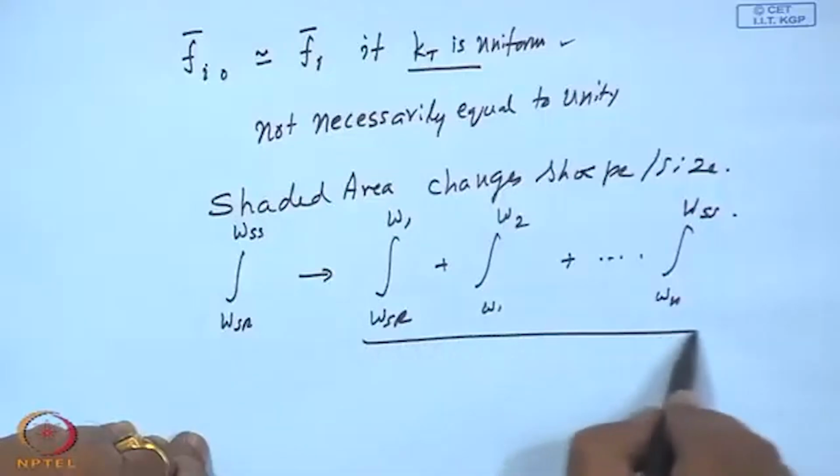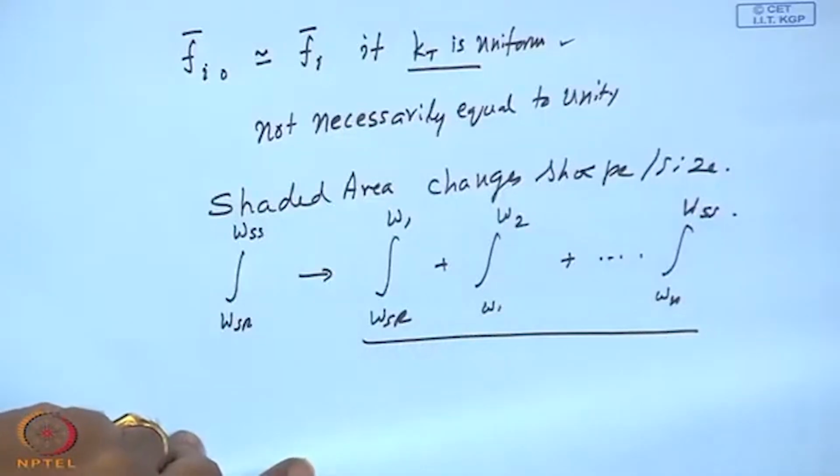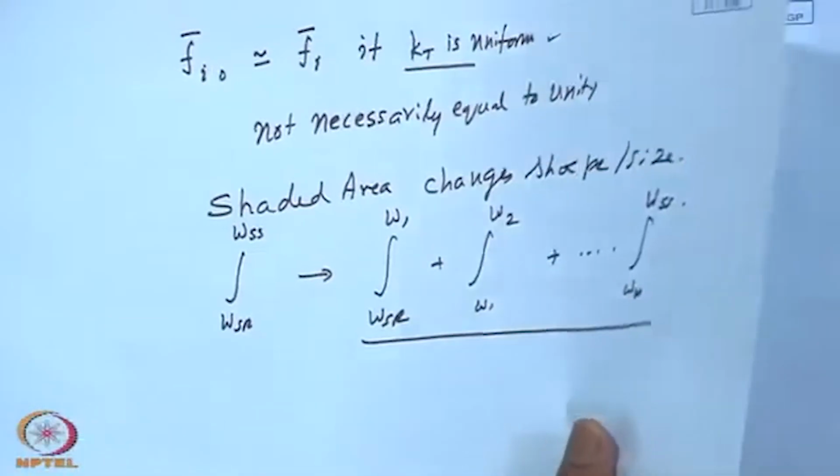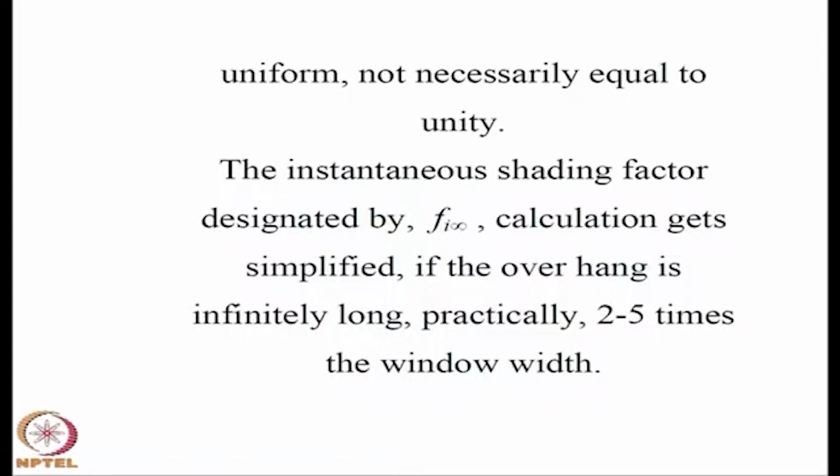So this is a little complicated issue, and we need a thorough, perfect algorithm to find out the area that is lit. And if your windows are not vertical, if they are at an angle, the problem is even more compounded.